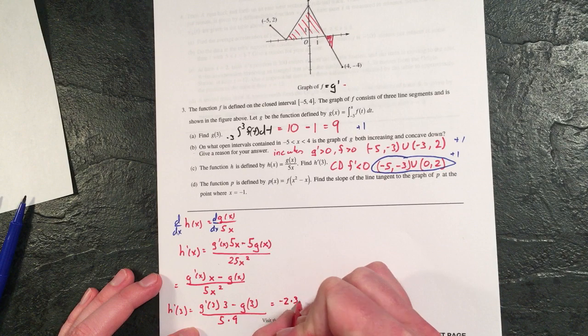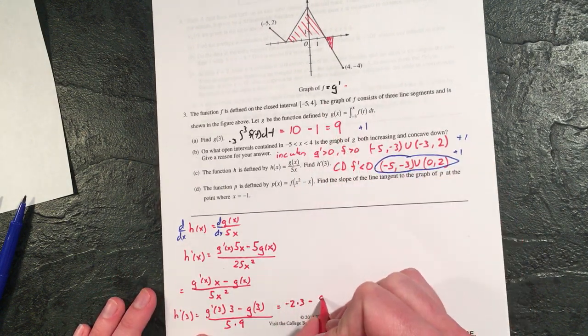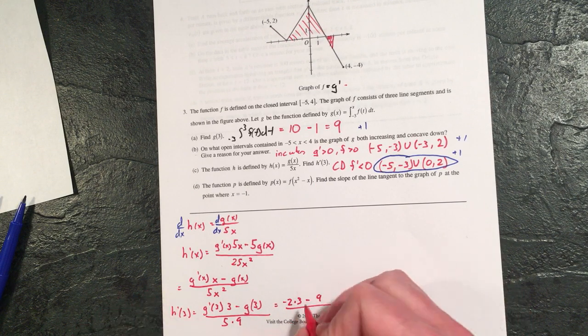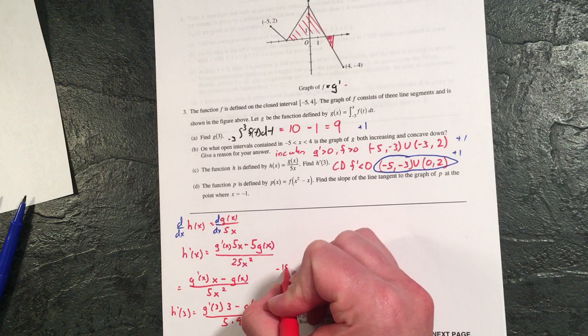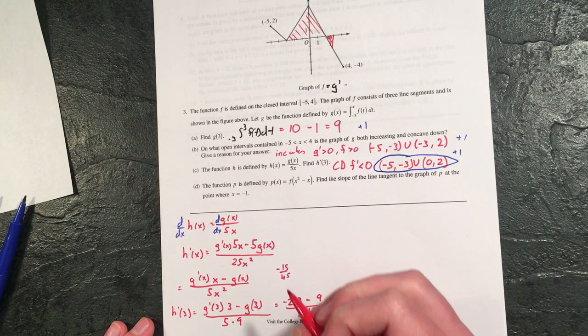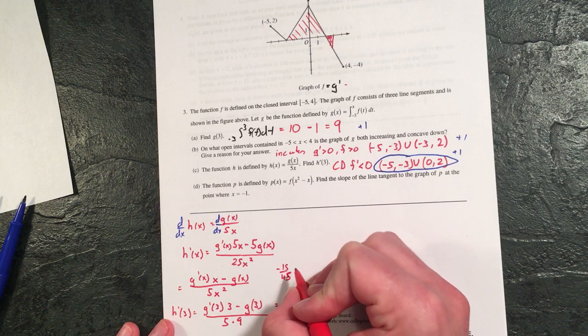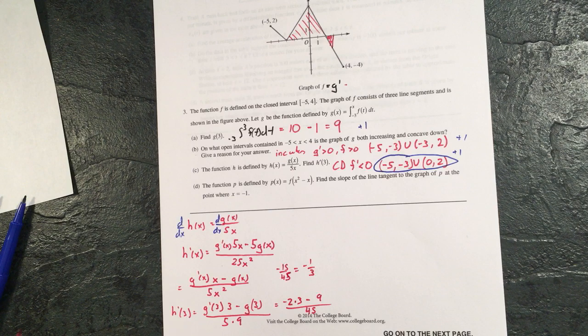So -2 times 3. G of 3 we'd found up here as 9, and this is all over 45. So we have -6 minus 9 over 45. That is -15 over 45, which would be incorrect based off of the AP exam because they want it simplified. So you do have to write it as -1/3.